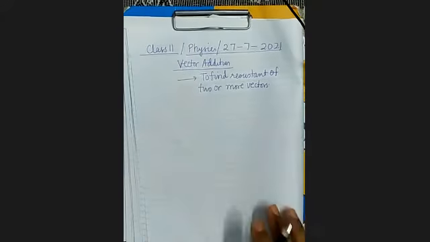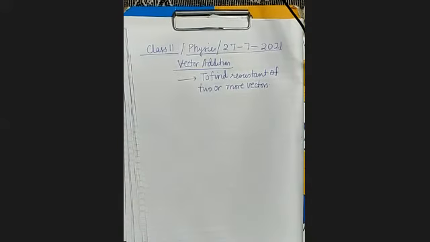It's clear. Vector addition means to determine the resultant of two or more vectors.